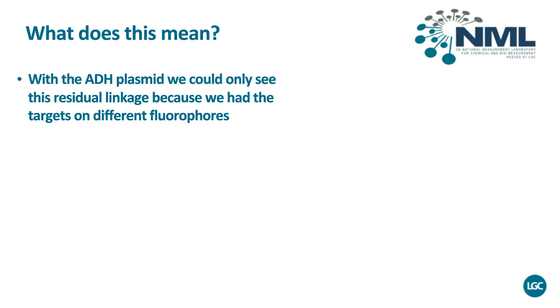So what does this mean? If we think about the ADH plasmid, because we designed 3 different assays, we could actually start to look at that residual linkage that happened. Now, if we had a HER2 assay, we wouldn't be able to design different HER2 assays. We'd have one HER2 assay, but it would be trying to look at whether the different HER2 targets had been removed or not.